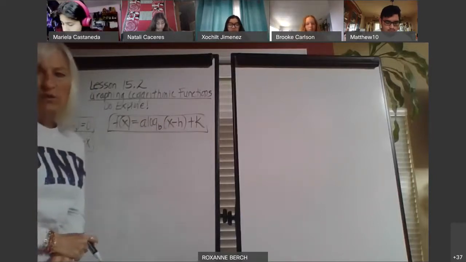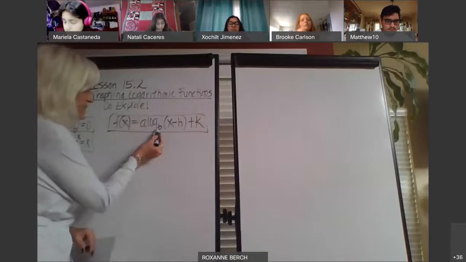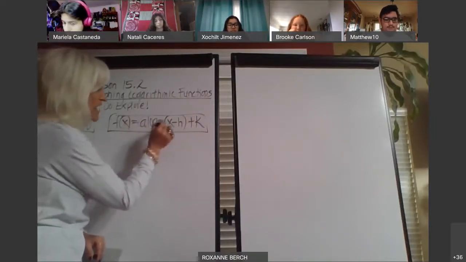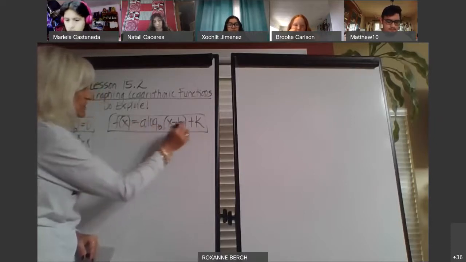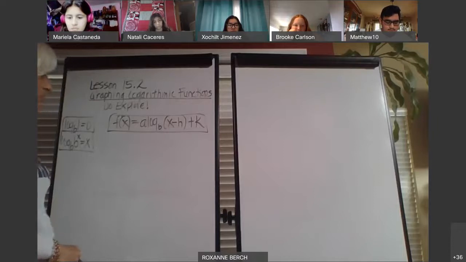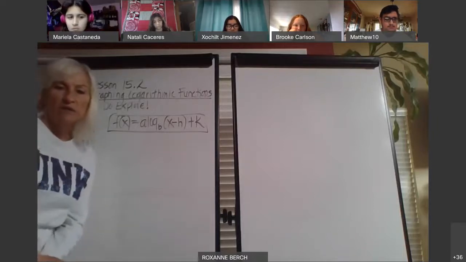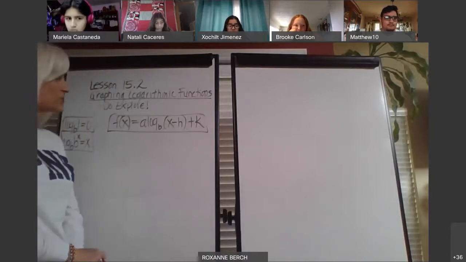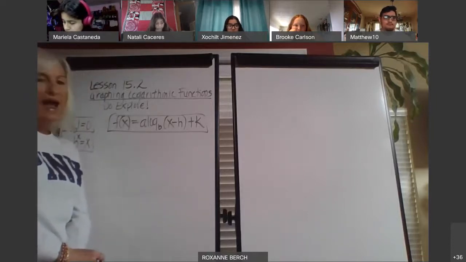Remember I talked about the logarithm showing up in different levels. This is a subscript. If there was a power, it would be a superscript. But all of these other letters fall along the same line as the logarithm. So you can probably guess what these are. Hopefully, the Common Core Standard says that students will know what A, B, H, and K do to the graph.